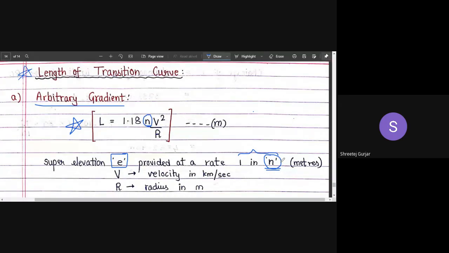This 1 in n will be given to you in meters, that you have to substitute here. Make sure you follow proper units. It has to be in meters. If they give you in any other units, make sure you convert it to meters and then substitute in small n. That is very important.